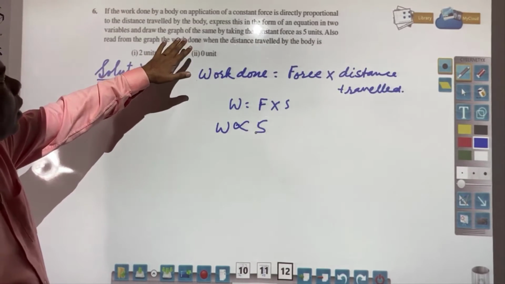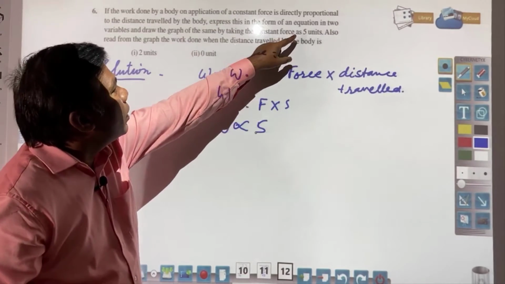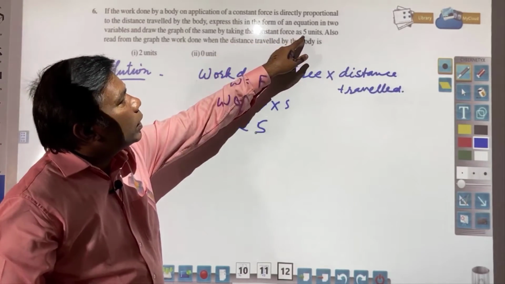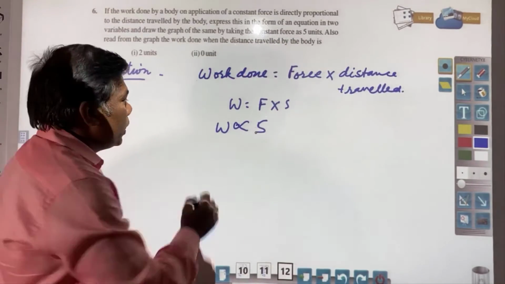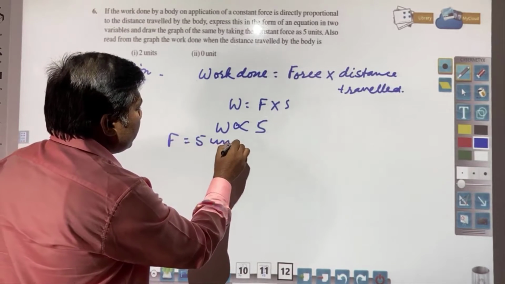Now, constant force is being applied and here it has been given. Draw the graph of the same by taking the constant force as 5 units. F has been given 5 units.